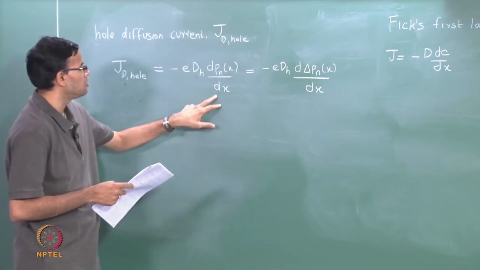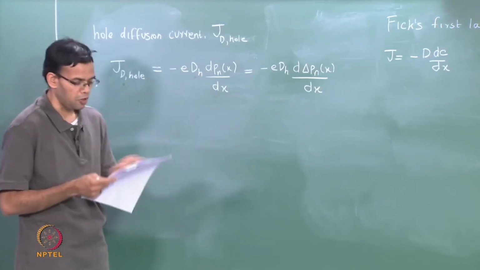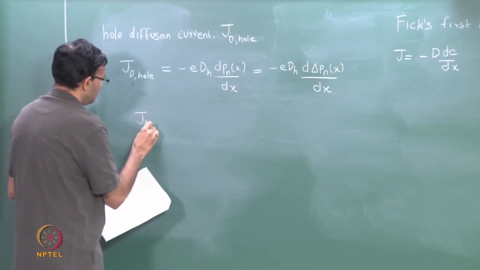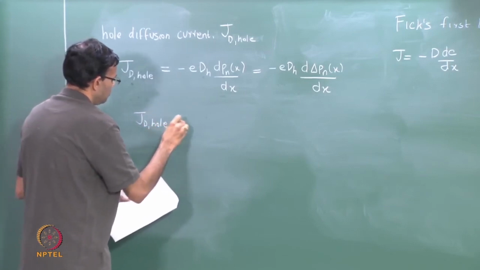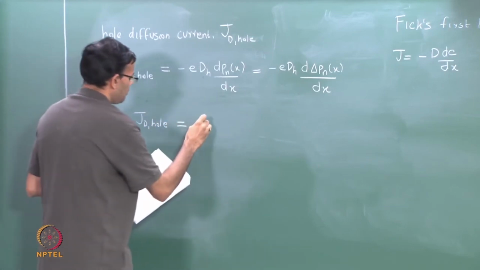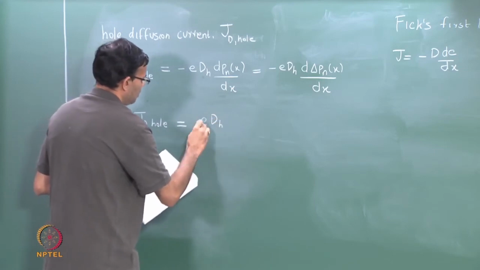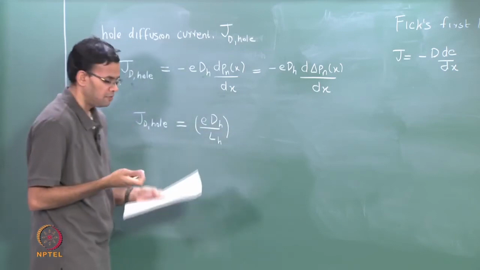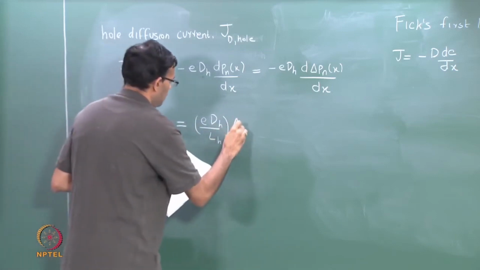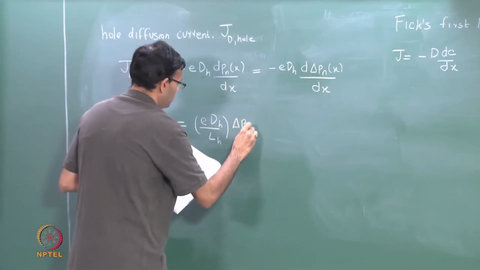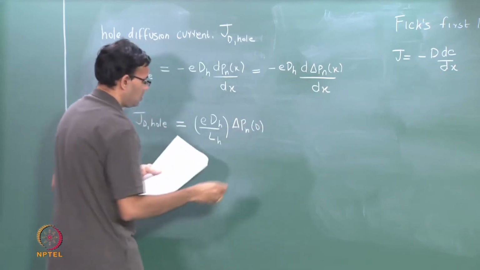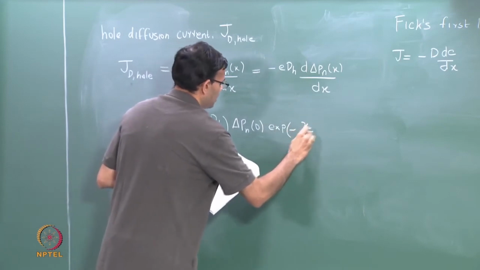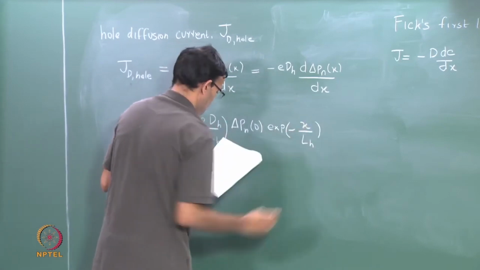So, we can substitute the expression for Pn that we got and do the differential, so that J hole diffusion is nothing but E dH over LH. I will only write the final expression: delta Pn naught exponential minus x over LH.